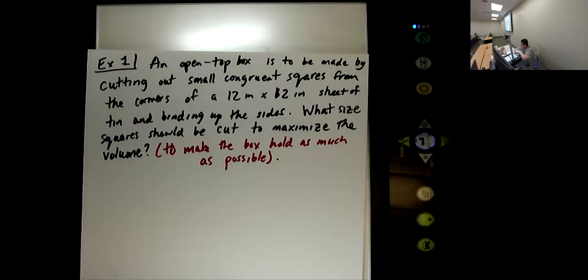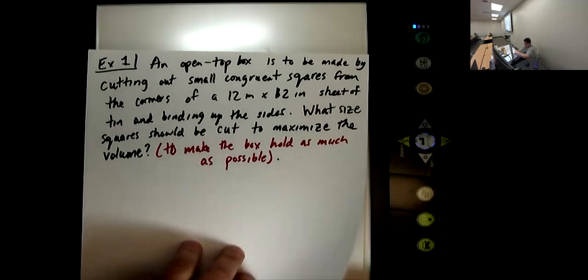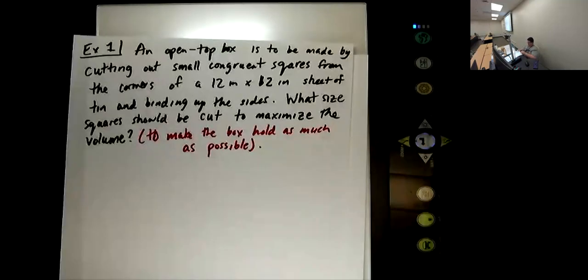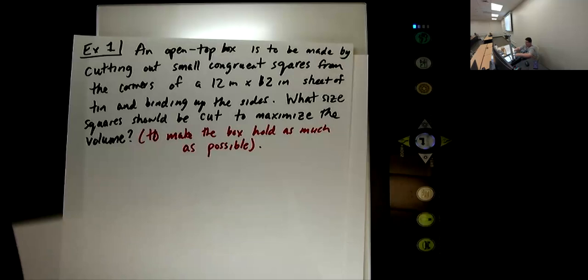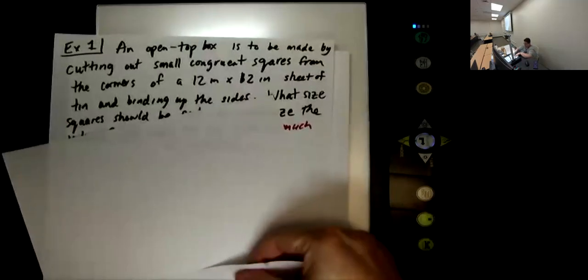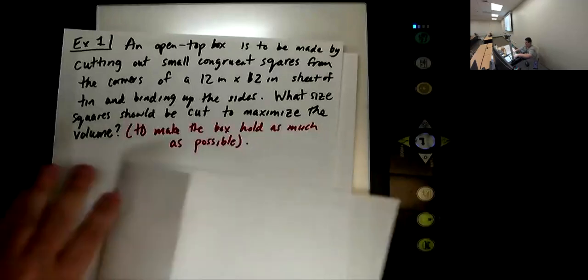Make sure you get it written down. We'll do a picture. We gotta figure out what's going on here. The general idea is like we can fold up corners on the paper. This is my sheet of tin here.